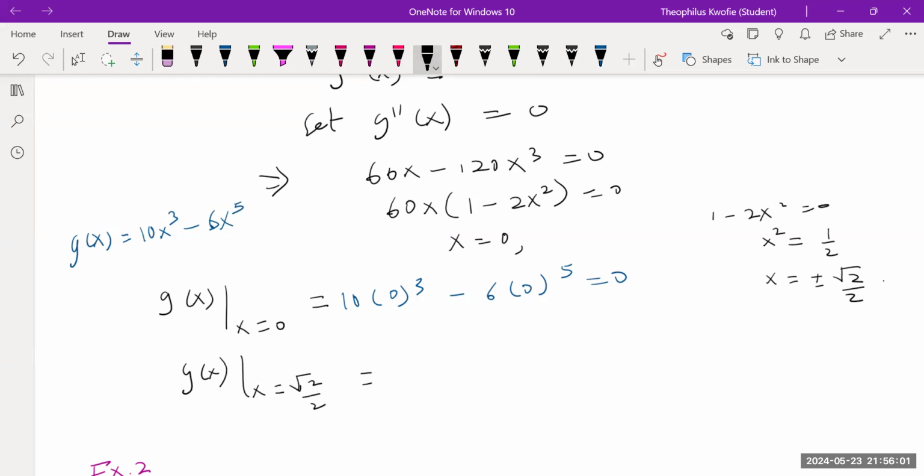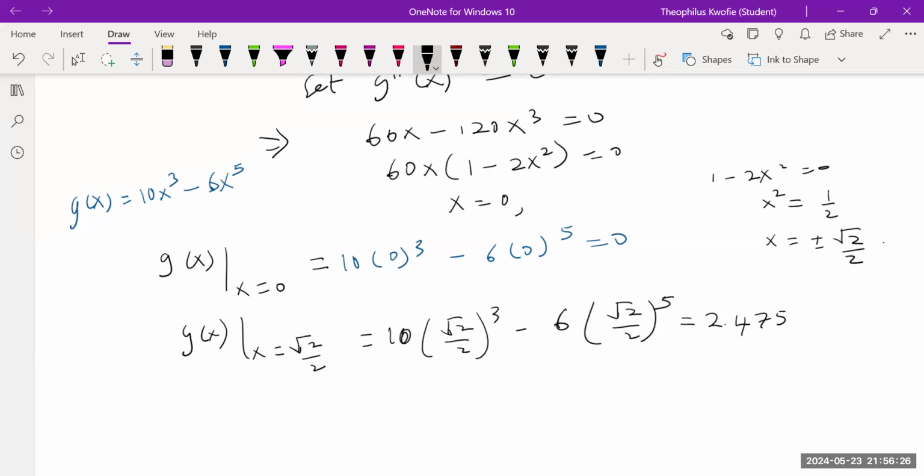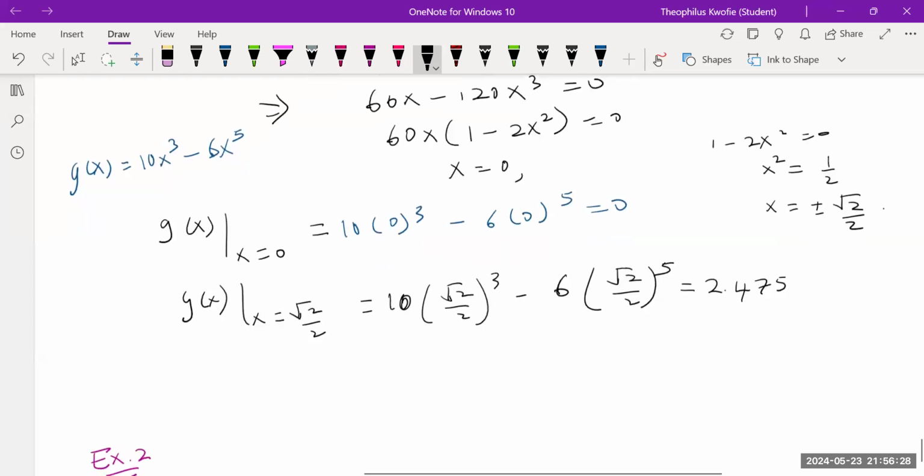So we have 10 of root of 2 on 2 to the power 3 minus root of 2 on 2 to the power 5. And that should give us 2.475.